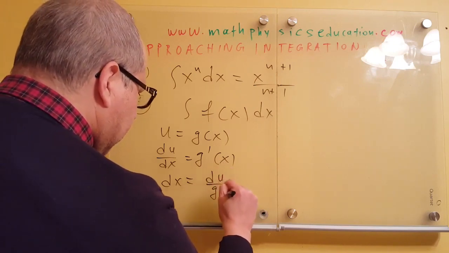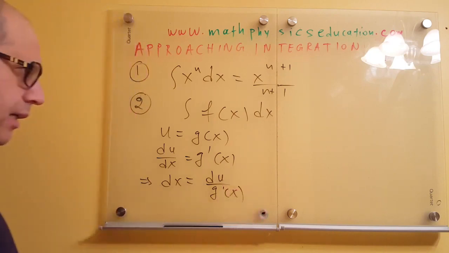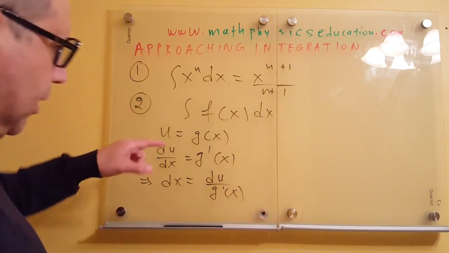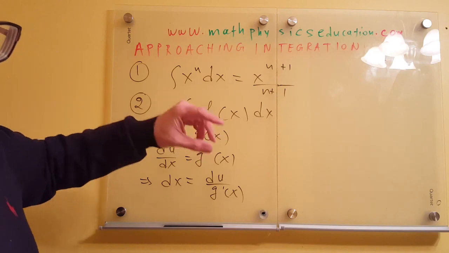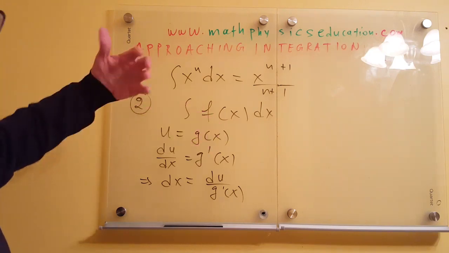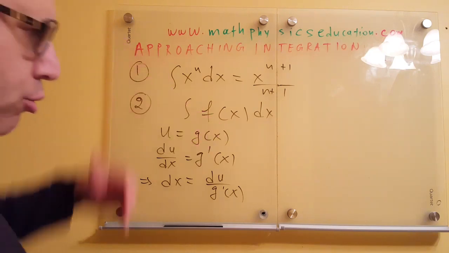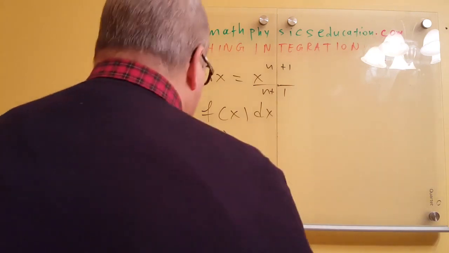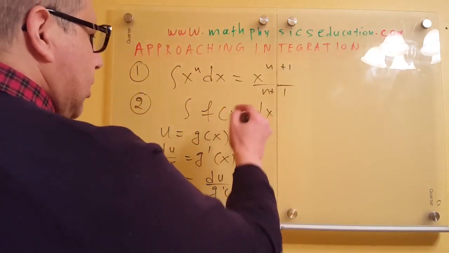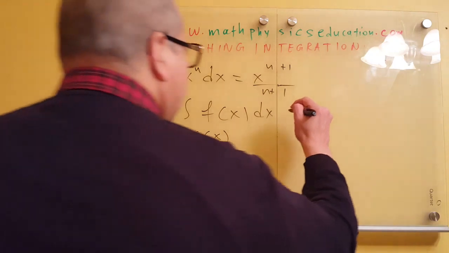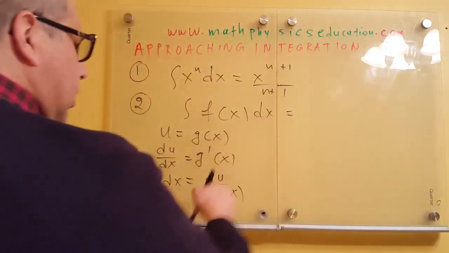over g prime of x. Now, how does this have to do with when you have to choose to integrate by substitution? Let's go back to this here and substitute the dx from here.